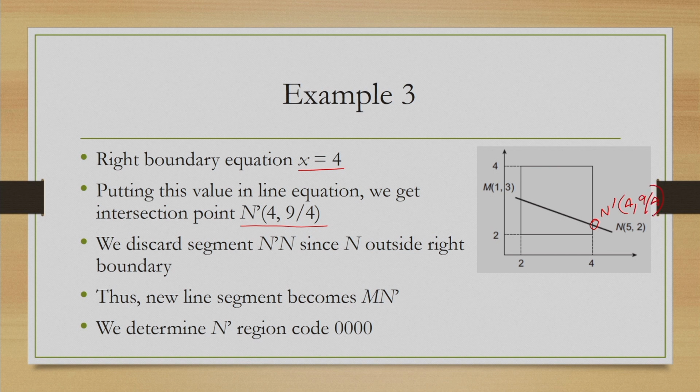Now, this point is the intersection point between the right boundary and the line, and since N is outside the right boundary, as before we discard this segment N dashed N, and the new line segment becomes M N dashed. So, this part.